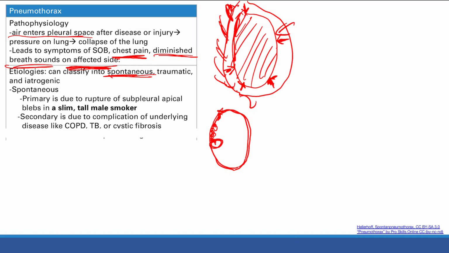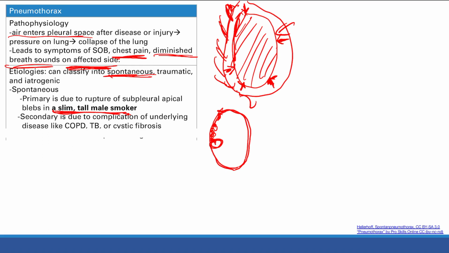And we usually see the slim, tall male smokers, for some reason, they happen to get more of these apical blebs, more likely to rupture. So you see more of these primary spontaneous pneumothorax in a slim, tall male. Okay, so if you see a pneumothorax in this type of patient, the answer is that he got it from a rupture of a subpleural apical bleb.